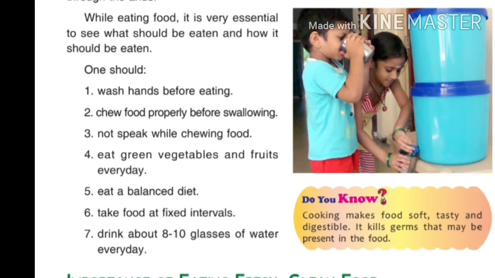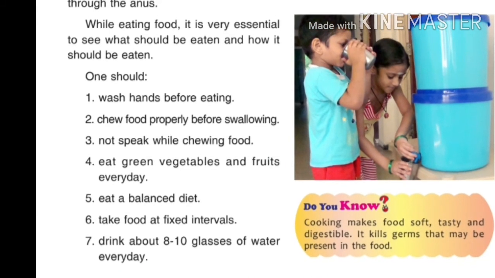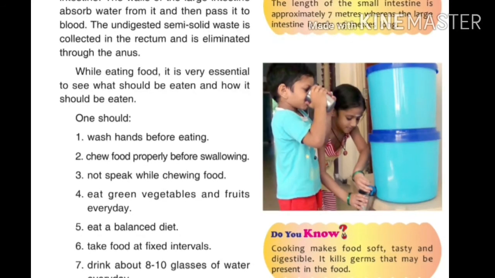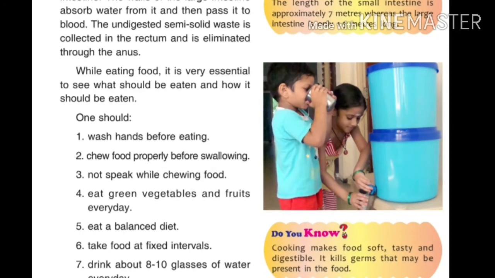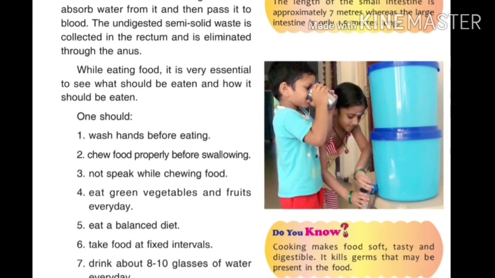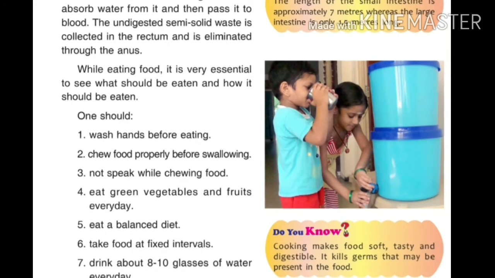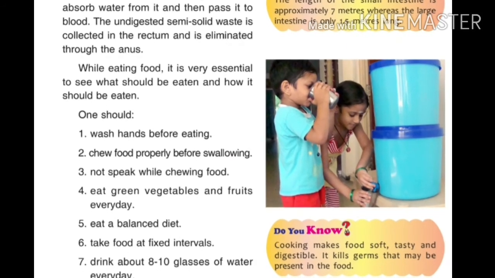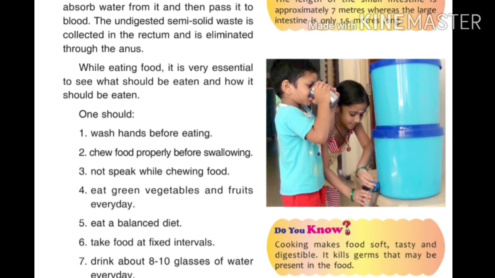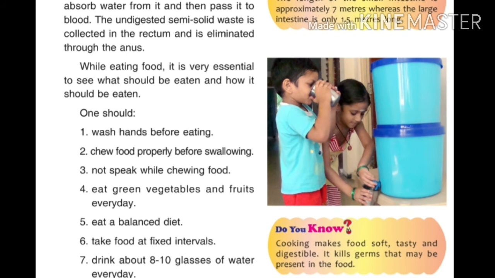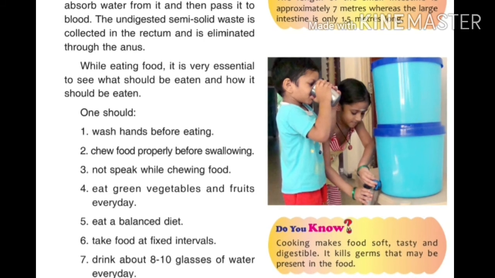One should have a balanced diet. Take food at fixed intervals. When we eat food at fixed intervals, it helps our digestive system to digest food, because in the meanwhile they also get rest time. If we keep eating food throughout the day, our digestive system will not get time to take rest.